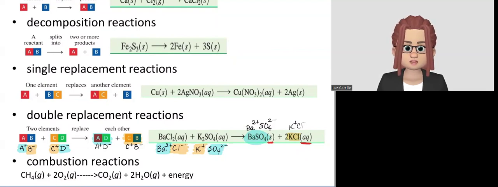Now, if you are reacting O2, in other words, oxygen gas, with a compound that has carbon and hydrogen, or with a compound that has carbon, hydrogen, and oxygen in its chemical formula, then the products of the reaction are going to be CO2 gas, water in gas form, and energy.